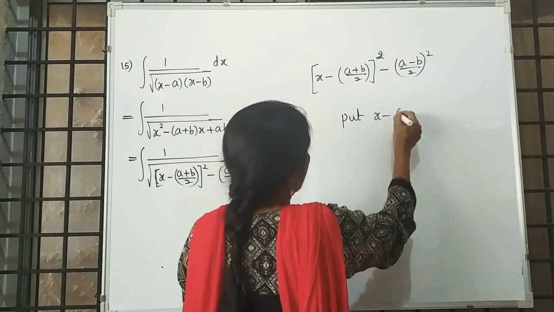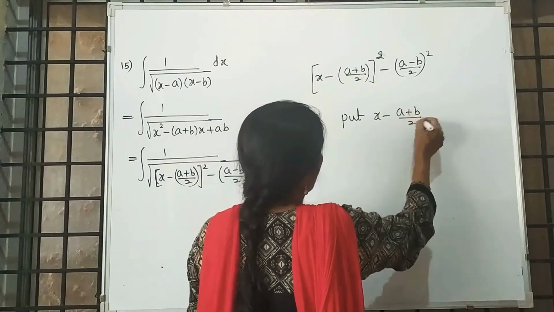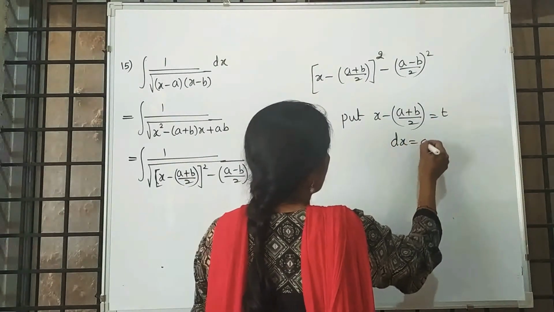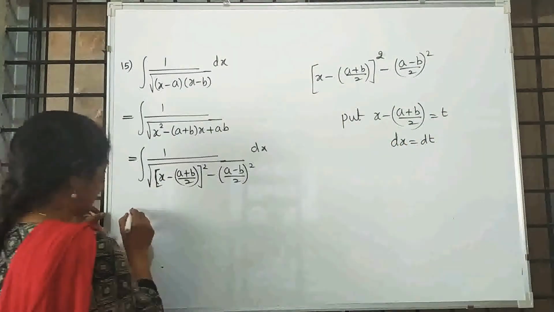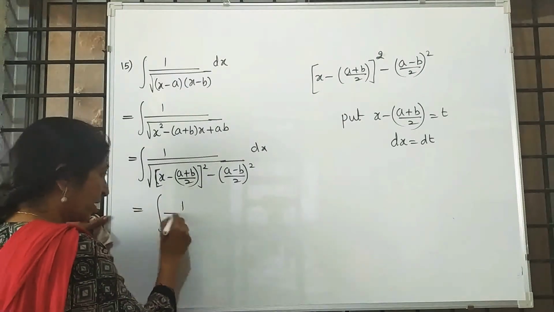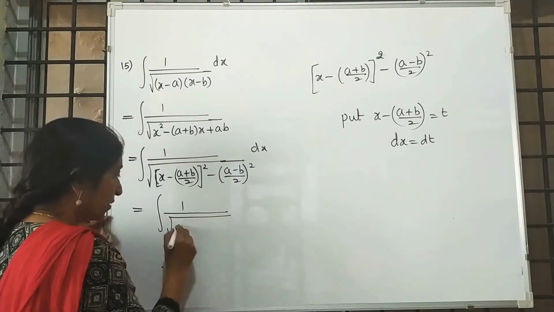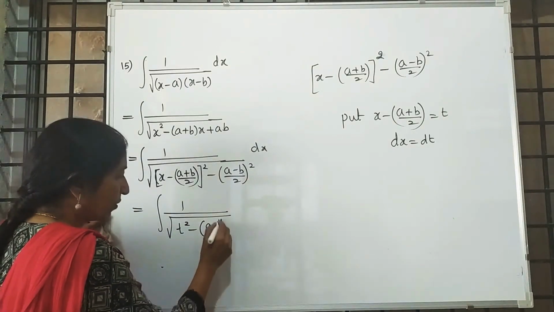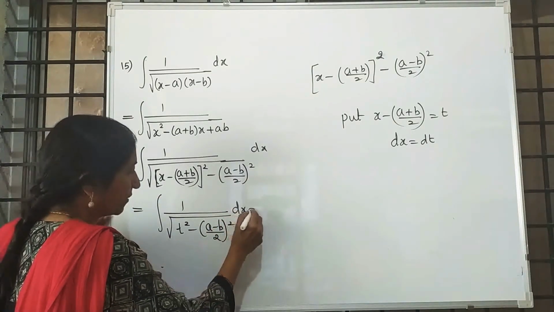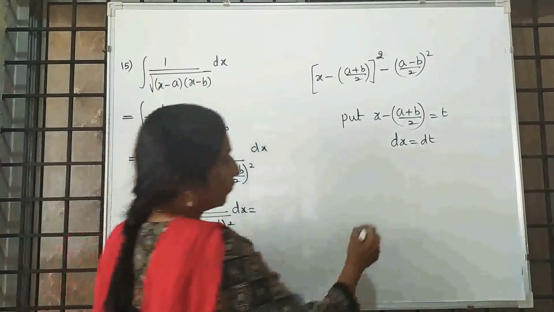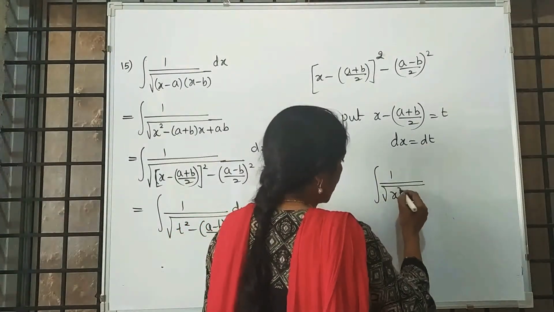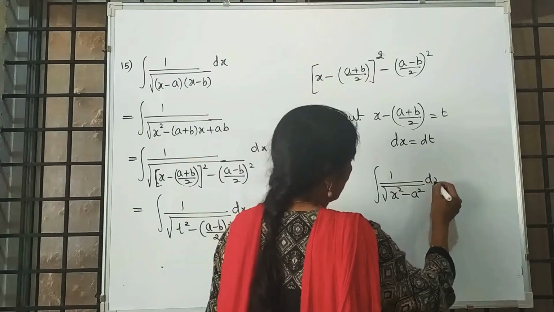Put x minus (a plus b) upon 2 equal to t. dx is equal to dt. It is 1 upon root of t square minus ((a minus b) upon 2) whole square into dt. Now, have you remembered the formula? Yes, it is in the form of 1 upon root of x square minus a square into dx.